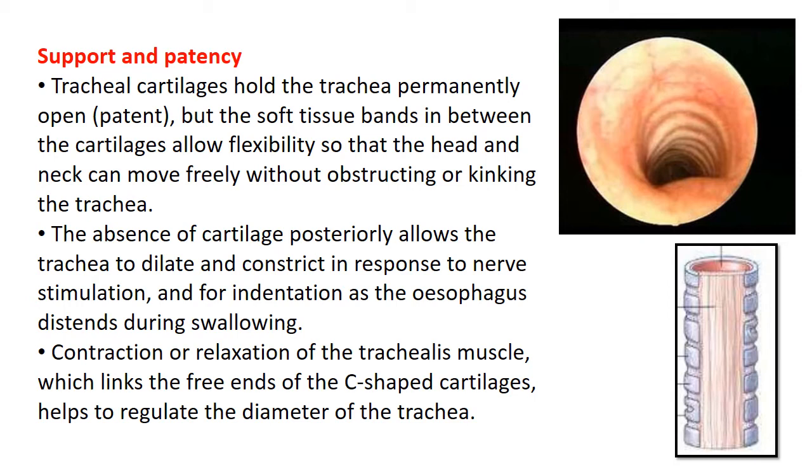Another function is that the esophagus is also at the posterior side, so during swallowing the esophagus can distend. So there is no need for cartilage at the posterior side. There is contraction and relaxation of the trachealis muscle, which links the free ends of the C-shaped cartilage, and it is also helpful to regulate the diameter of the trachea. So these are the functions.